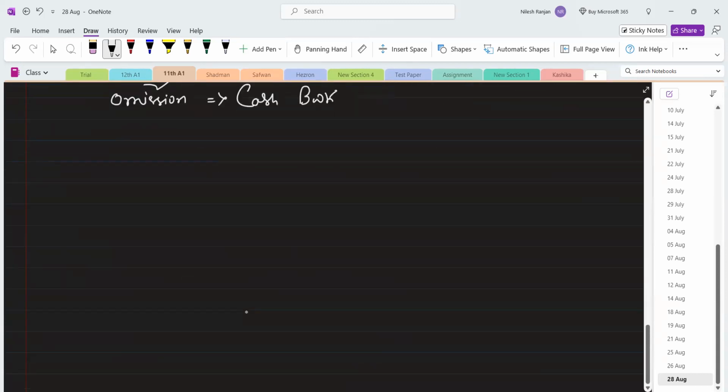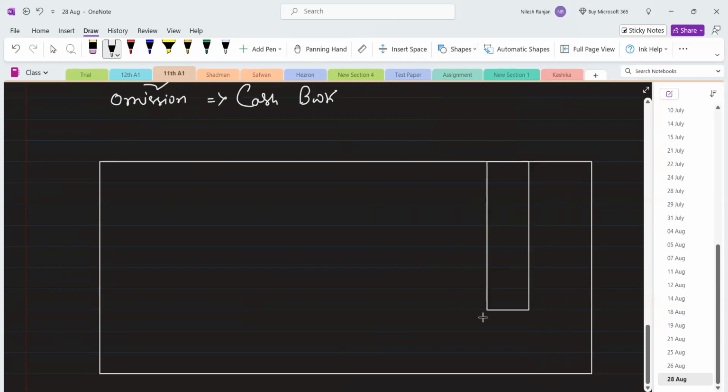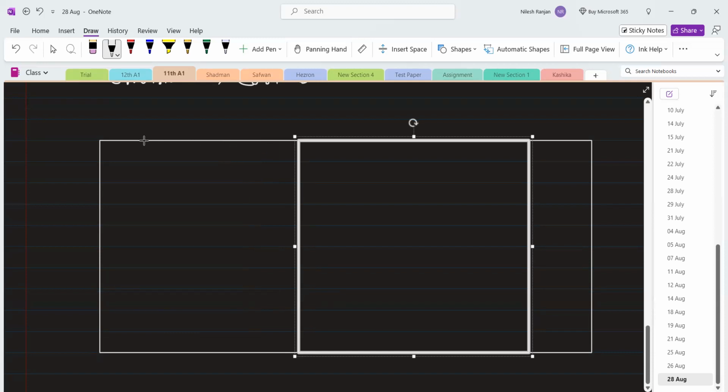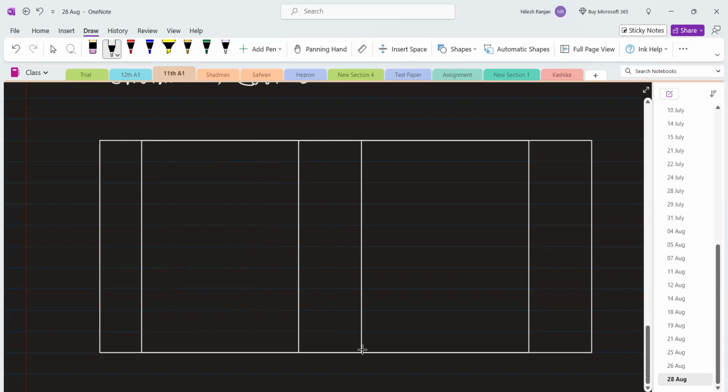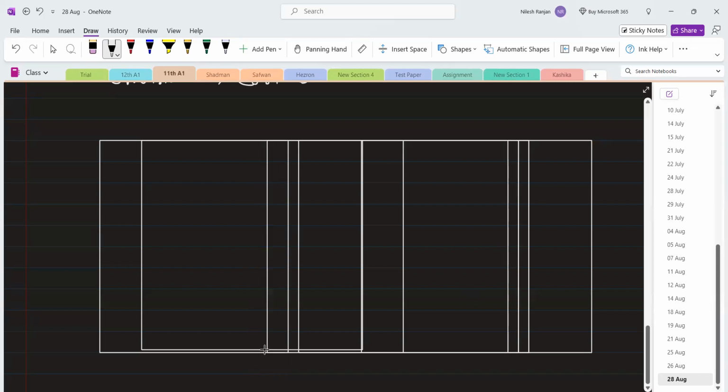Now, if you have not studied the cash book format, I'm writing it here so that you'll understand. This is your format of cash book.